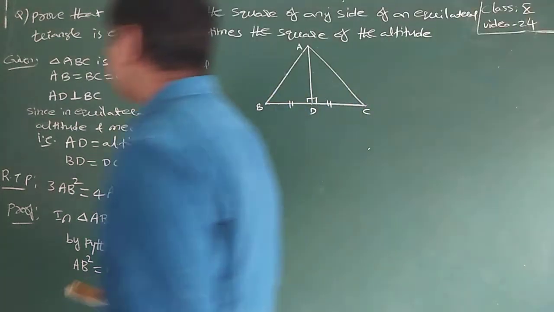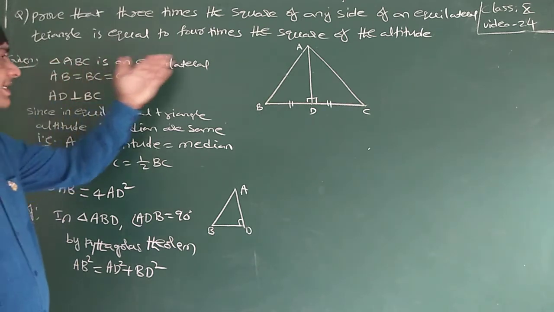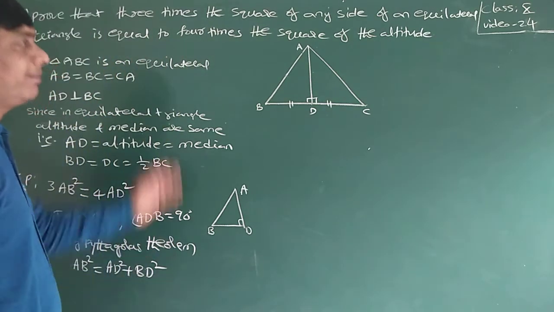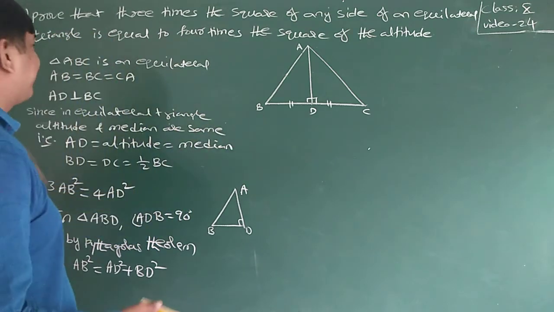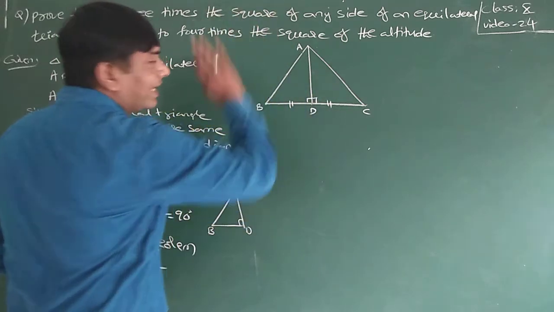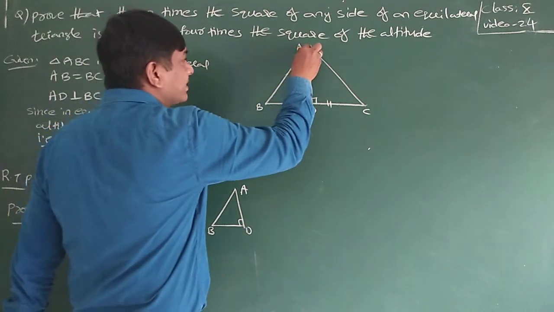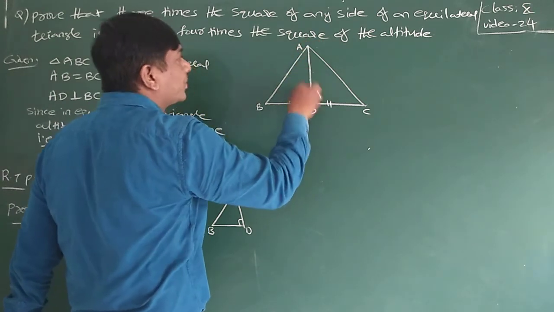So, triangle ABC is an equilateral triangle, given. They mentioned an equilateral triangle, so I took ABC as an equilateral triangle. That means AB, BC, CA are equal. And I drew AD perpendicular to BC because I need the altitude.